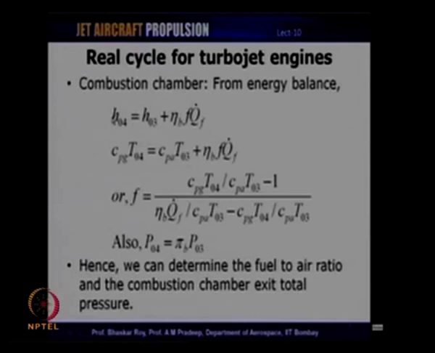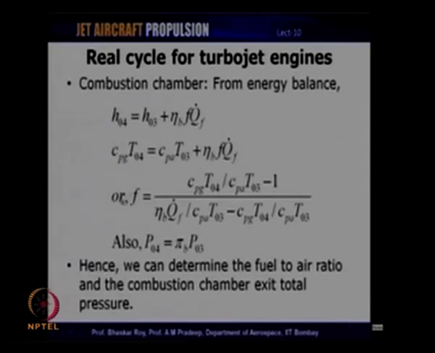The stagnation enthalpy will now be converted to the corresponding Cp times the stagnation temperature. So, we have Cp subscript g, which represents the specific heat at constant pressure for the combustion products, multiplied by T04, is equal to Cp subscript a, which is the specific heat at constant pressure for air, multiplied by T03, plus the efficiency times fuel to air ratio times the heat of reaction or calorific value.